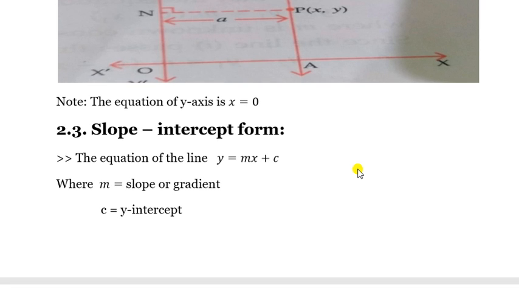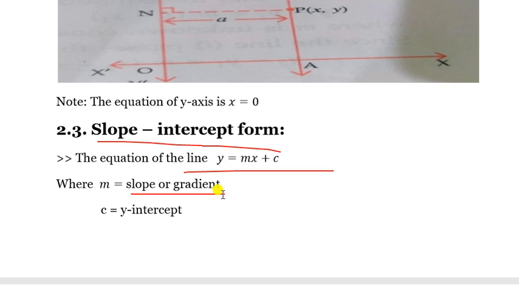Slope and intercept. For slope you use m, and for the y-intercept you get c. The equation is y equals mx plus c, where m is the slope. How to find the slope? I taught that at the beginning; find the slope that way.